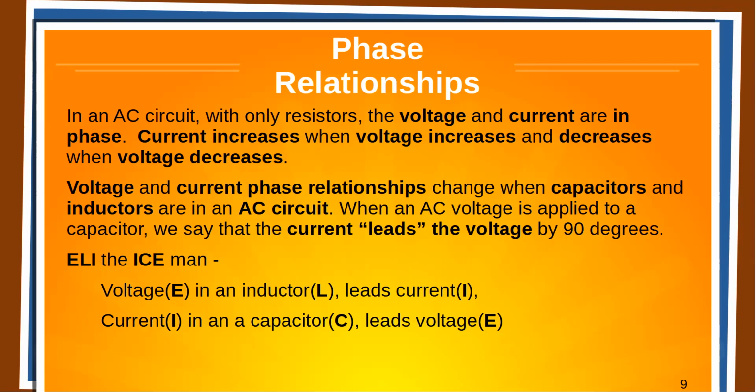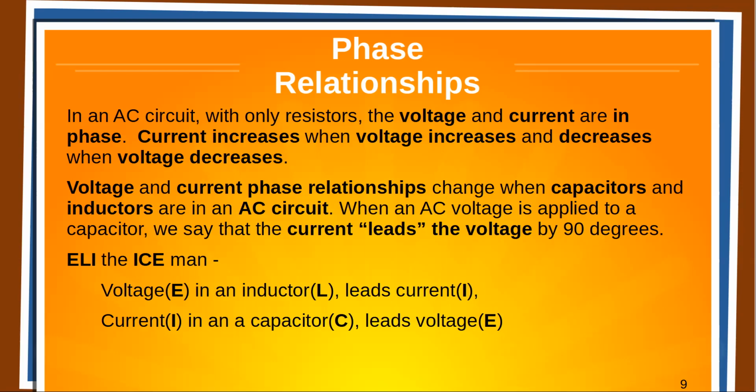The current increases when the voltage increases and decreases when it decreases, so it's proportional, straight Ohm's law. If we have capacitors or inductors, then we have to take phase into account. When you apply an AC voltage on the capacitor, we say that the current leads the voltage by 90 degrees.